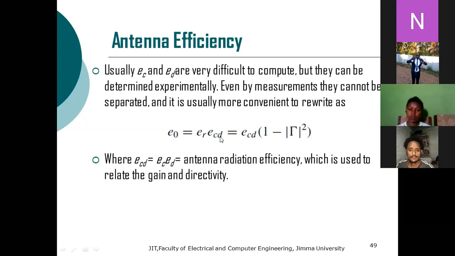ECD accounts for the loss due to the conduction and dielectric loss of the radiating element. Normally, this expression can be related with the gain and directivity of the radiating element. That means the antenna radiation efficiency can be expressed in terms of the gain and directivity of the radiating element.